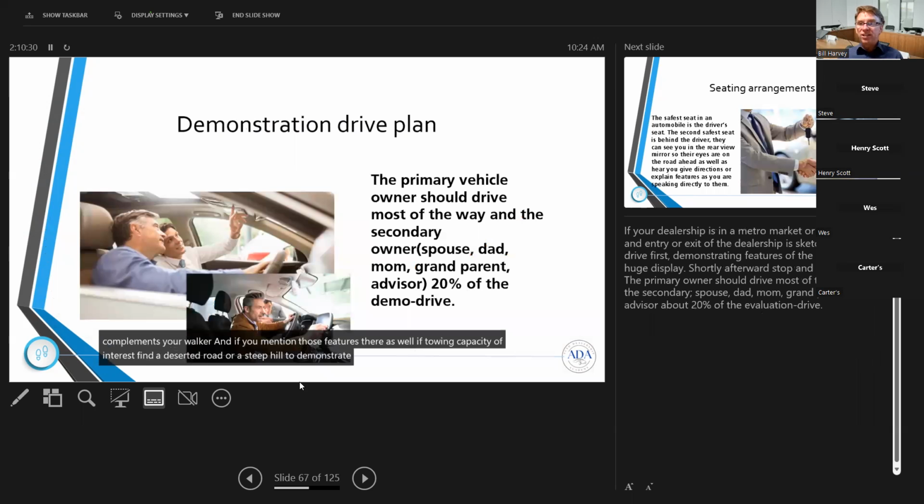Now, if your dealership is in a metro market or on a highway with an entry and an exit of such, then your dealership may be a little sketchy to get in and out of, and therefore you should drive first. This way, you know the acceleration of what the vehicle is capable of.